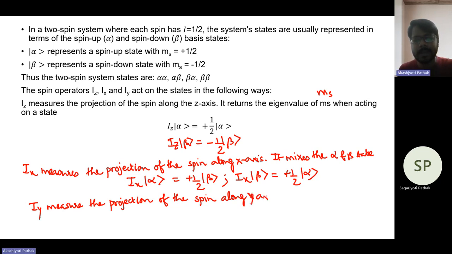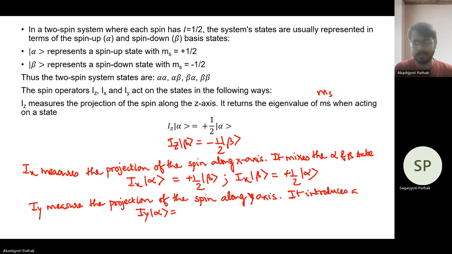And what will happen when Iy acts on the spin state? It introduces a phase factor.